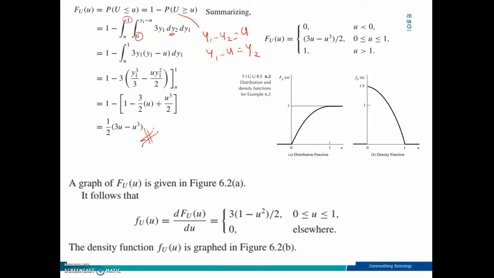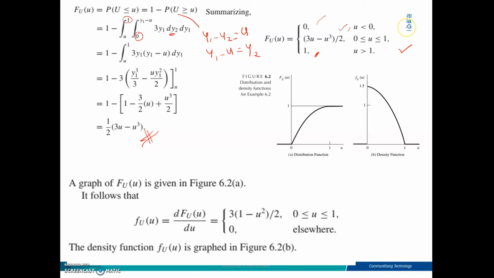In order to summarize, remember previously we mentioned that if u is less than 0, the distribution function of u is 0. If u is greater than 1, the distribution function of u is 1. And for u between 0 and 1, you will get this equation. So this is the distribution function that we want to find.